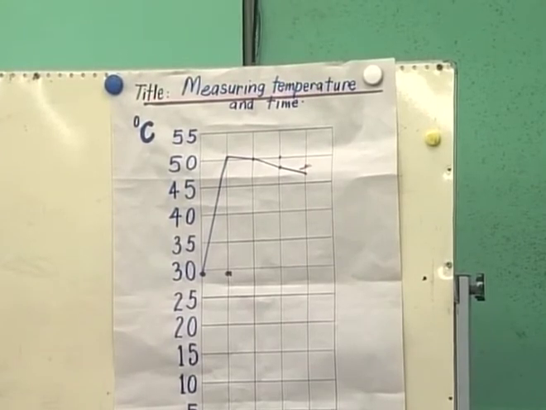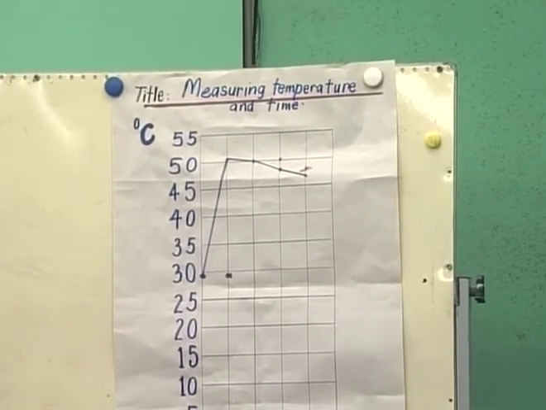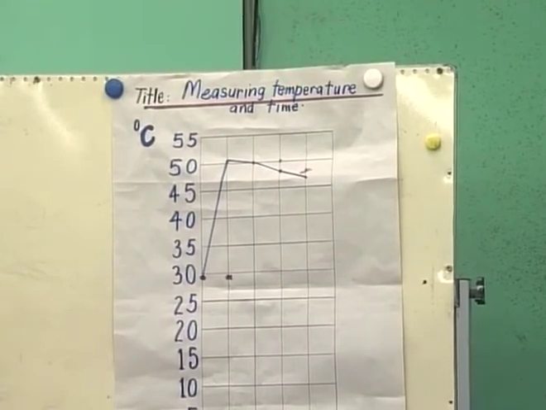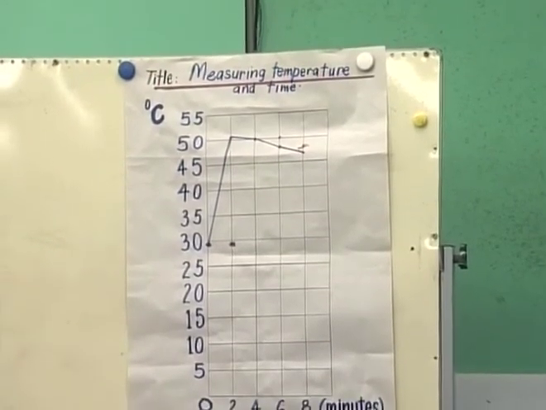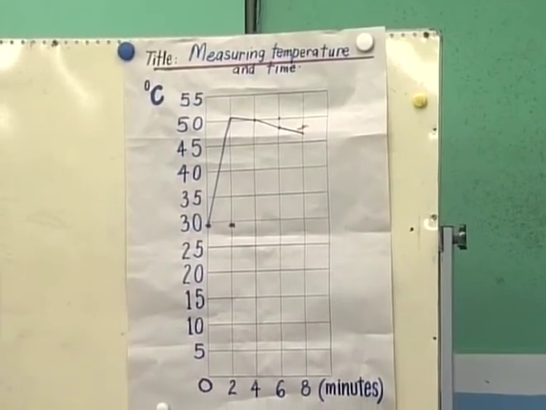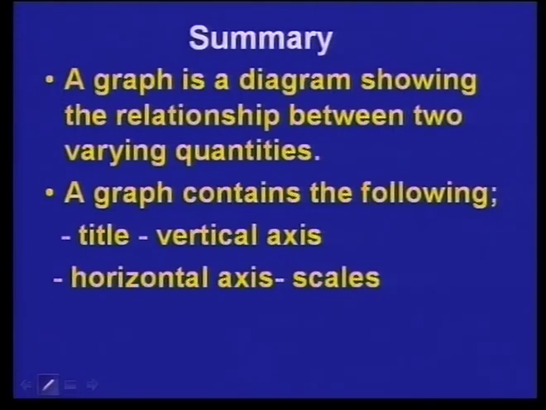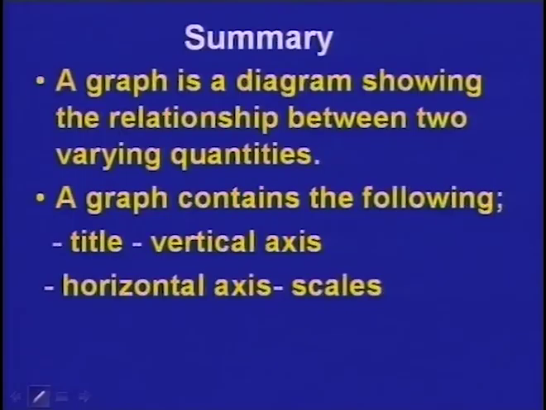I would like you to very quickly look at the summary. Our summary for today: number 1, a graph is a diagram showing the relationship between two varying quantities, or two different quantities.